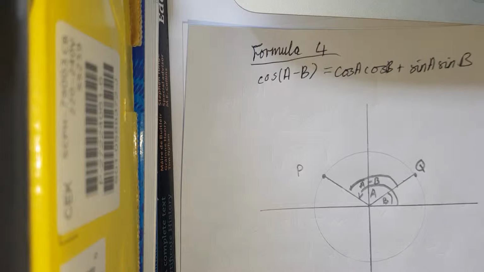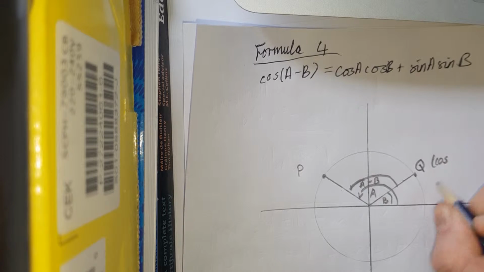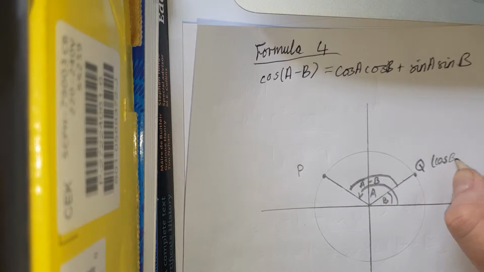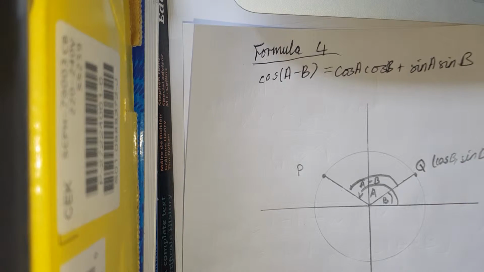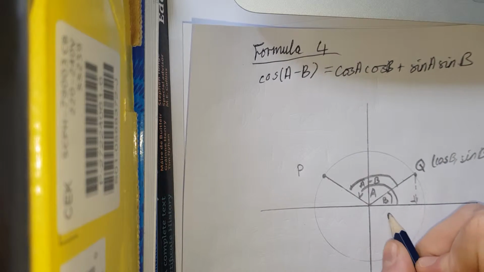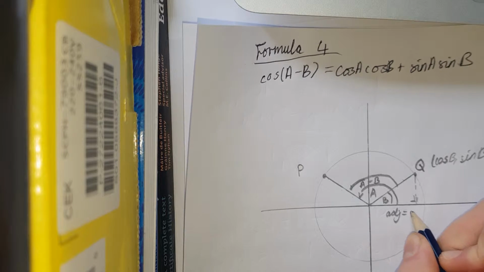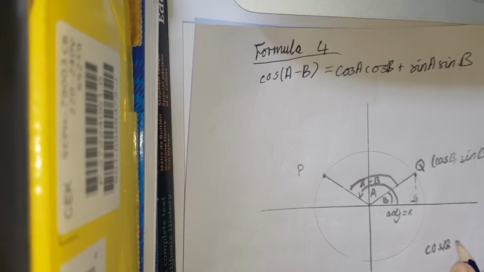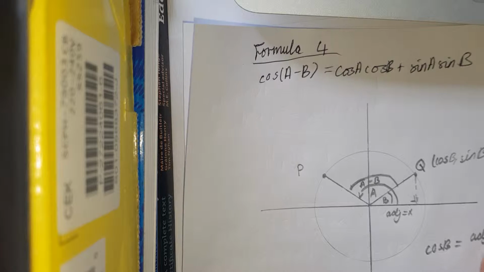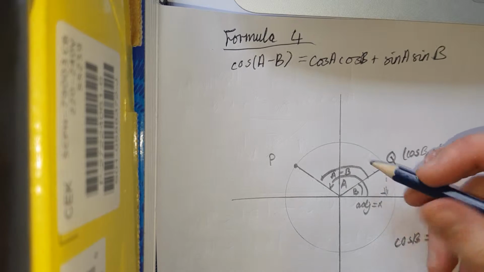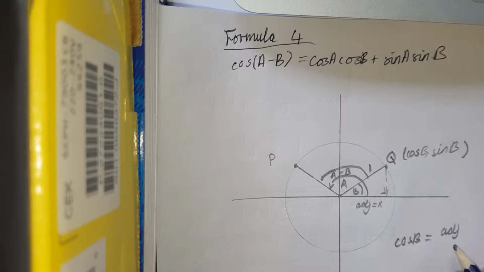So in the unit circle, the coordinates of a point on the unit circle are equal to cos of the angle from the start point at 0 degrees. So the x coordinate is cos of this angle B, and the y coordinate is sin of this angle B. That is because in the unit circle, if we were to form a right angle triangle, this adjacent here is equal to the x coordinate, and if we were to get the cos of this angle B, it would be the adjacent over the hypotenuse, and in the unit circle the hypotenuse is the radius, so we know that that's 1.